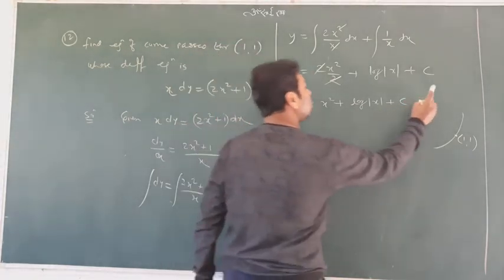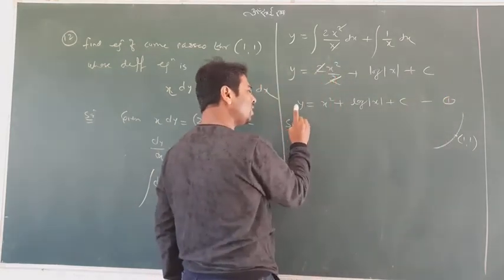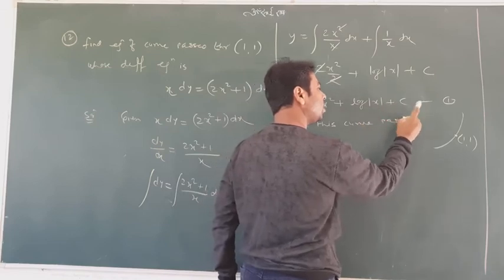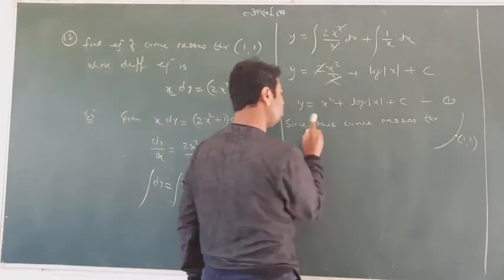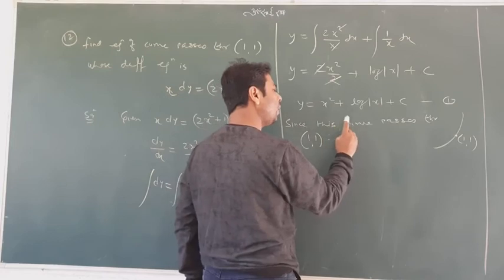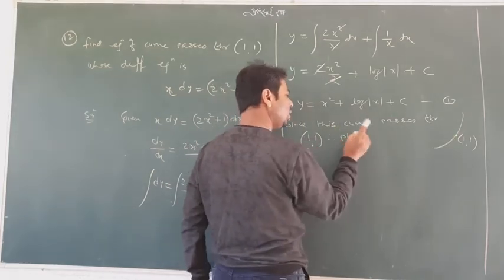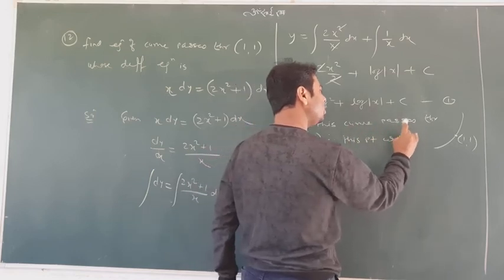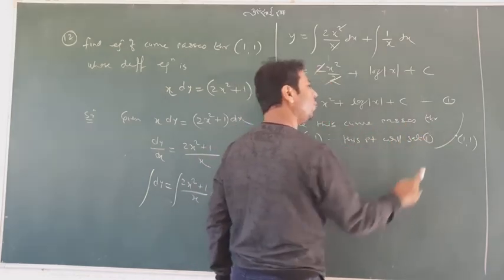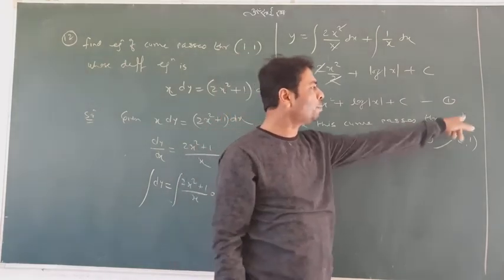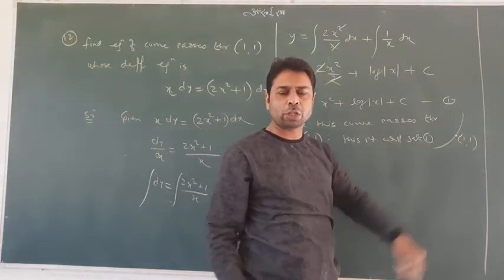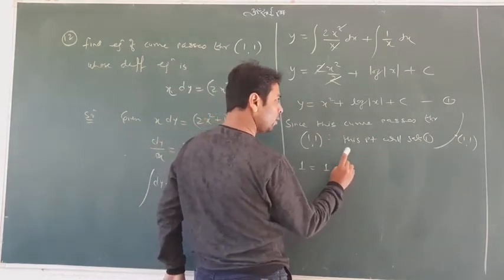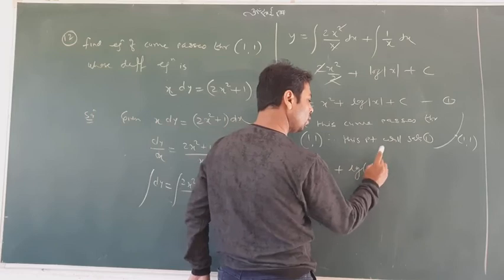What we will write? This is the equation of the curve. Since this curve is passing through the point (1, 1), this point will satisfy equation number 1. One should understand, when it is passing through (1, 1), definitely (1, 1) will satisfy it. How to satisfy? 1 is equal to 1 square plus log 1 plus c.